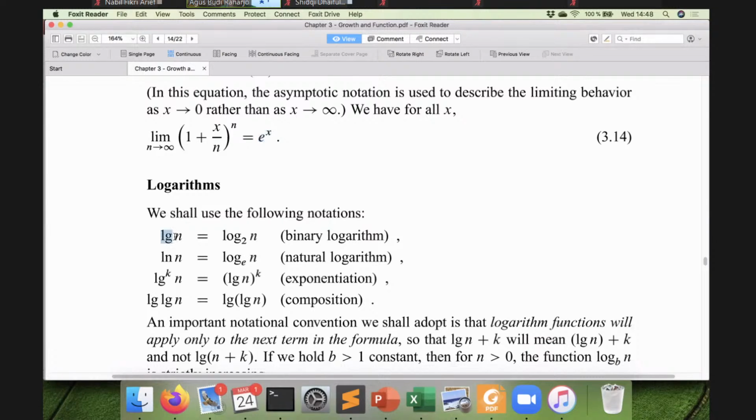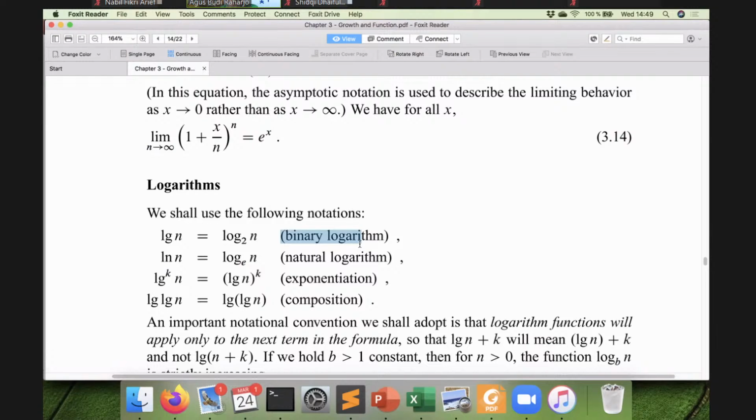LG, you see LG, actually there are differences between LG and LN. Pay attention if you use LG, especially if you use a calculator tool or something, because LG is like log2 n, the binary logarithm, which is used to calculate divide and conquer.